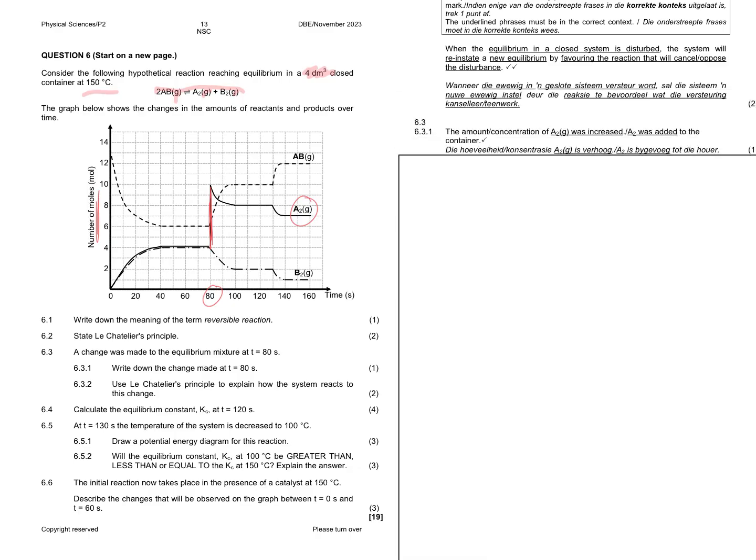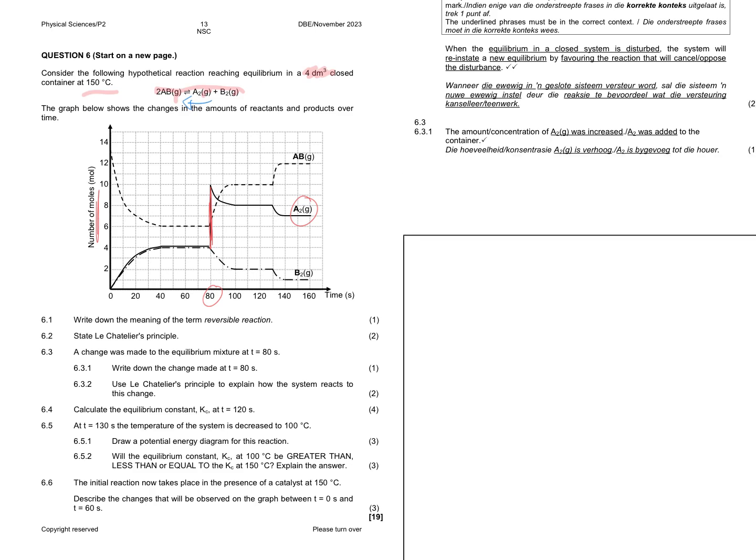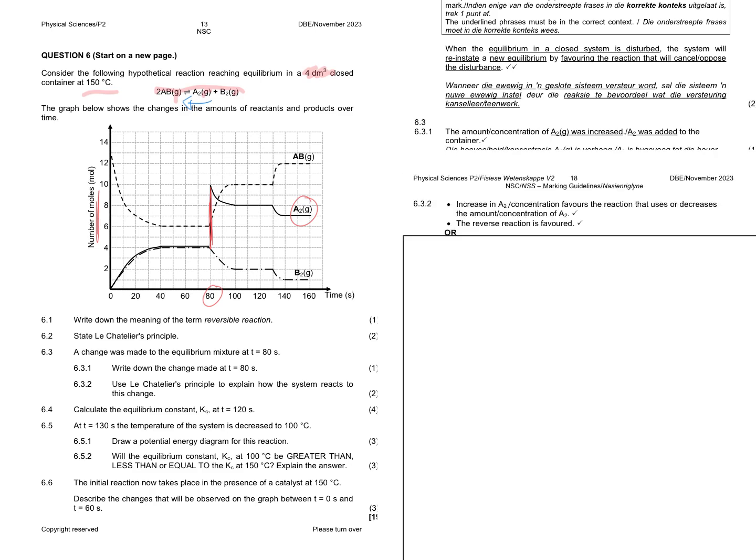So you should just say the amount or concentration or number of moles of A2 was increased, or A2 was added to the container. And they say use Le Chatelier's principle to explain how the system would react. So if you increase the amount of A2, the reaction will try and decrease A2 by favoring the reverse reaction.